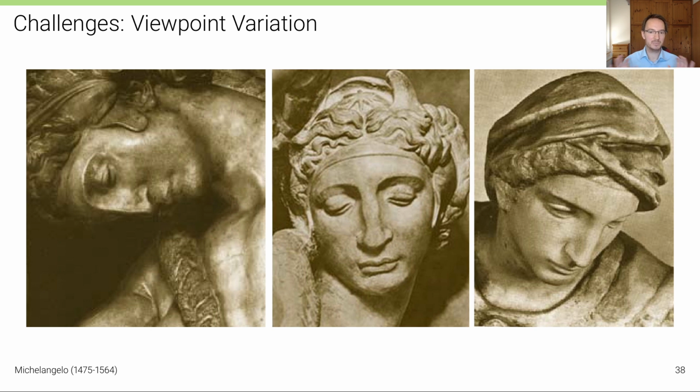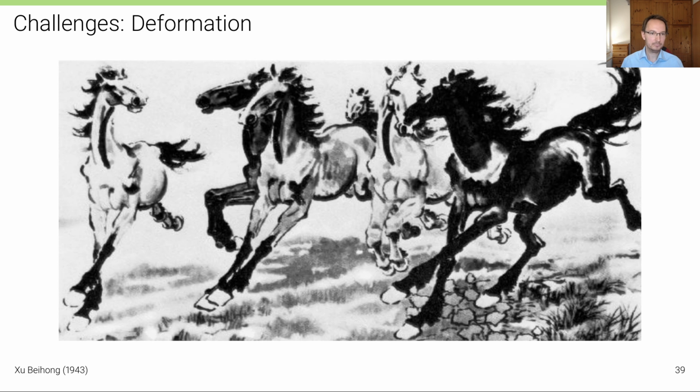Despite this being the same object, depending on the viewpoint, the pixels change dramatically, and you need to recover this invariance, recover that this is the same object. The same holds true for deformation. There are many objects that are non-rigidly deforming, giving rise to new pixel constellations. And the goal is to be able to interpret that this is still the same object.